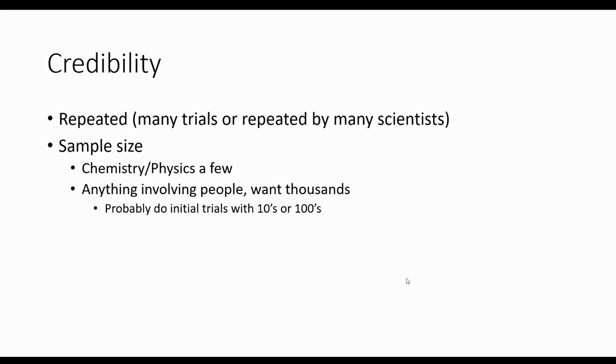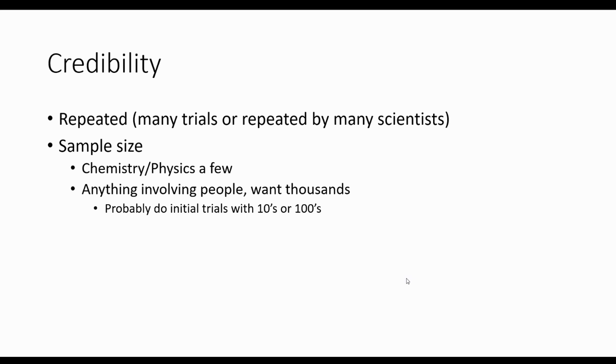But in order for the results of the study to be truly credible, we want to have thousands of people in the study. So if you're looking at a scientific study and there's hundreds of people, we might say, okay, that's really interesting. This merits further study. But we're not going to say, oh, definitely, this is definitely true. Because with hundreds of people, you're not necessarily going to get the whole diversity of all people everywhere.